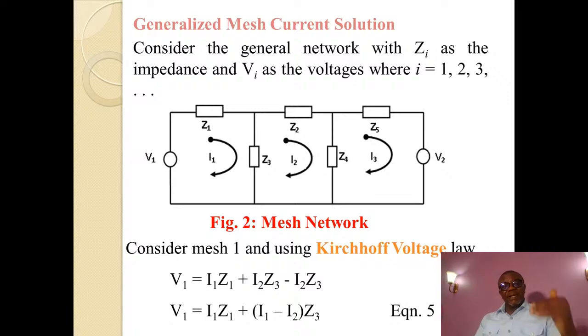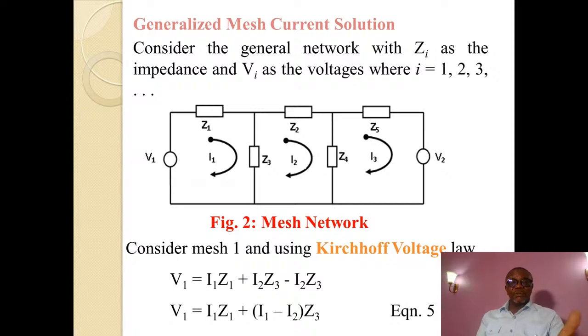But here, mesh 1 is current flowing as a result of V1. So that current will flow through Z1 and flow through Z3. But at Z3, current I2 is opposing or flowing in the opposite direction.